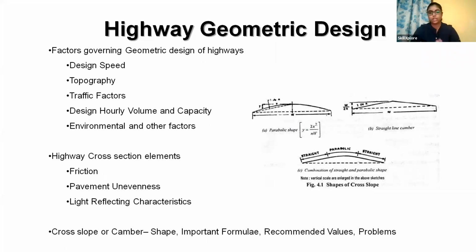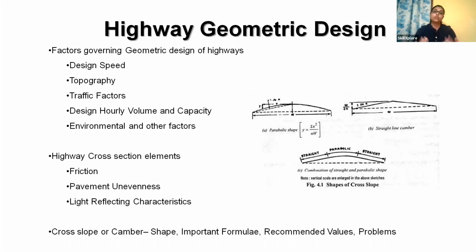Each vehicle may be traveling at a different speed, but there will be a minimum speed and a maximum speed a vehicle can attain. So can we design the pavement for the minimum speed? No. We cannot design the pavement for the maximum speed either, it will be mostly uneconomical. So we'll be considering which speed we have to consider for designing the pavement and why. That is what is discussed under design speed.